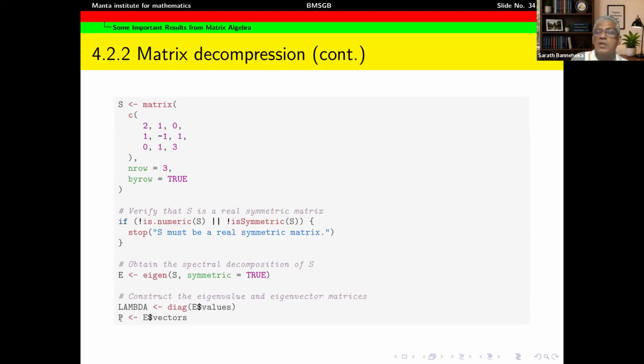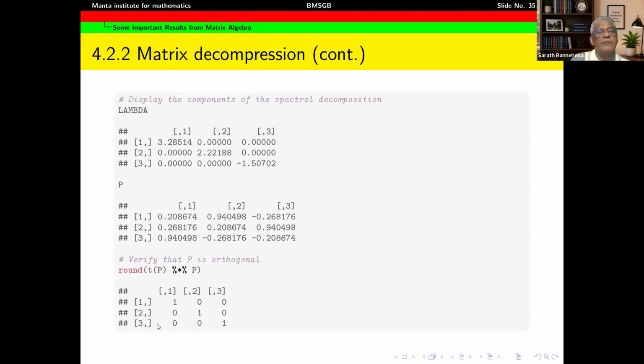And then P, I take P as the set of eigenvectors. So that's obtained by using E dollar vectors. We are extracting the components of E by using E dollar values and E dollar vectors. So here is the diagonal matrix capital lambda that I get from the previous command, and this is the P matrix. So these are the eigenvectors.